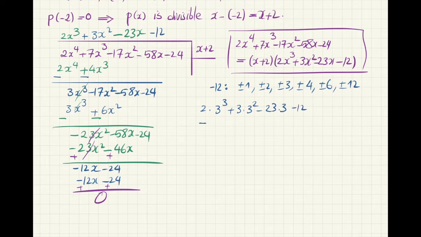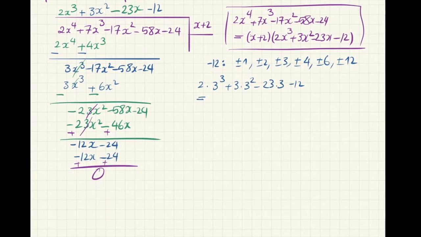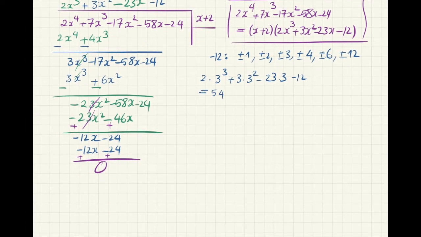If I calculate this, the first one is 54, the second one is 27, and then minus 69 minus 12. So this is minus 81 and this is 81, so this is 0. So if I put positive 3, it is 0.